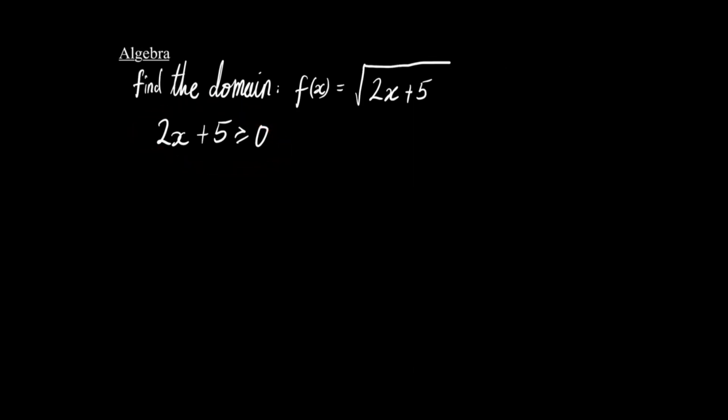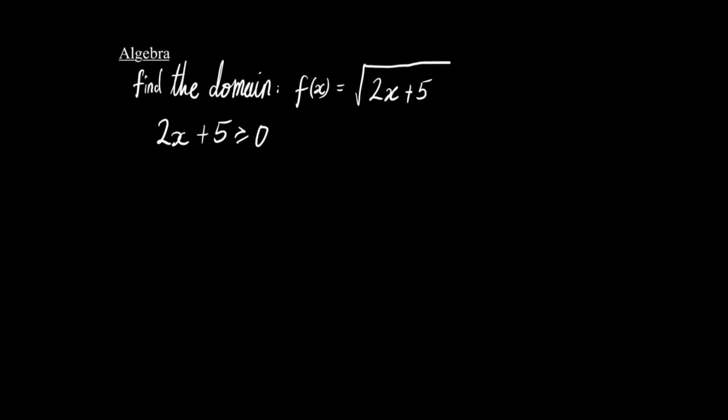Now, why are we using greater than or equal to 0? We're using greater than or equal to 0 because we want a number that when we find the value of x from this inequality here and put it into this function, we will not have a negative number whose square root we'll have to find. Because now finding the square root of a negative number gives you an imaginary number.